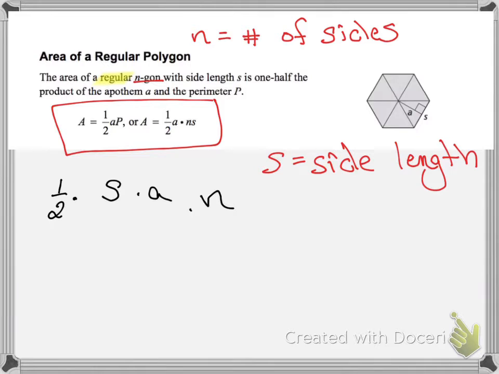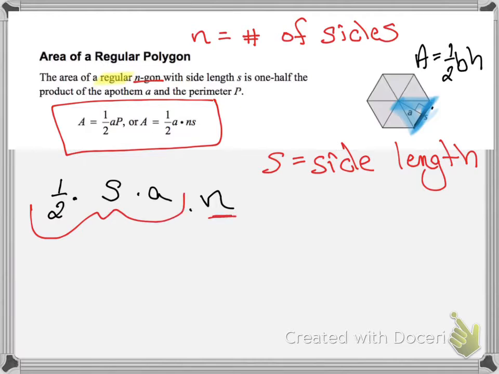Oh, no, I don't need another half. Sorry, I had that extra half in there. That doesn't go in there, erase it, because the s is the entire base. The height is the apothem. So if you think about this triangle, area is 1/2 base times height. Just looking at this triangle right here, the base is s, the height is a. So here's the equation for that triangle, 1/2 s a.